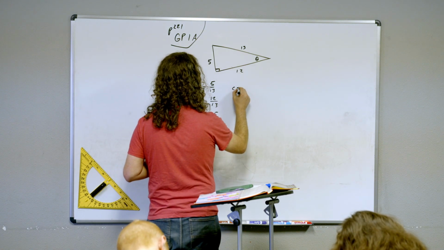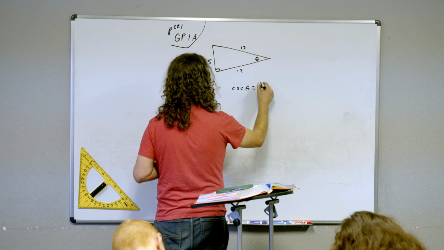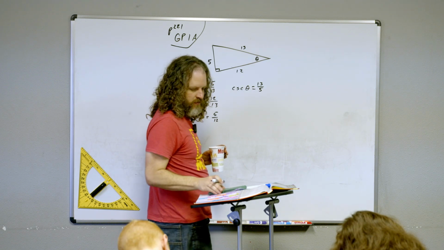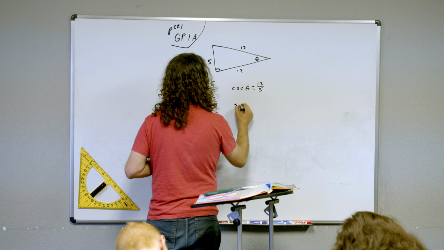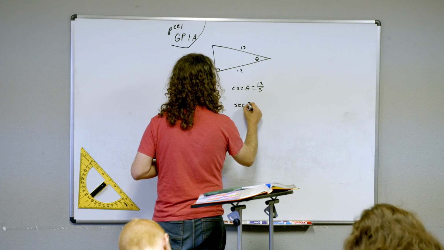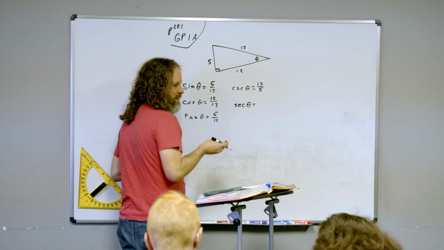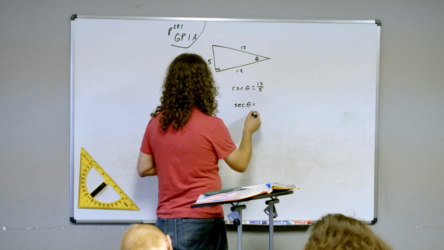And then cosecant would be 13 over 5, which you could write as a mixed number, or you could just write it as an improper fraction. That would probably make the most sense. Generally, at this point in math, I always write answers as improper fractions until it makes sense to do otherwise.